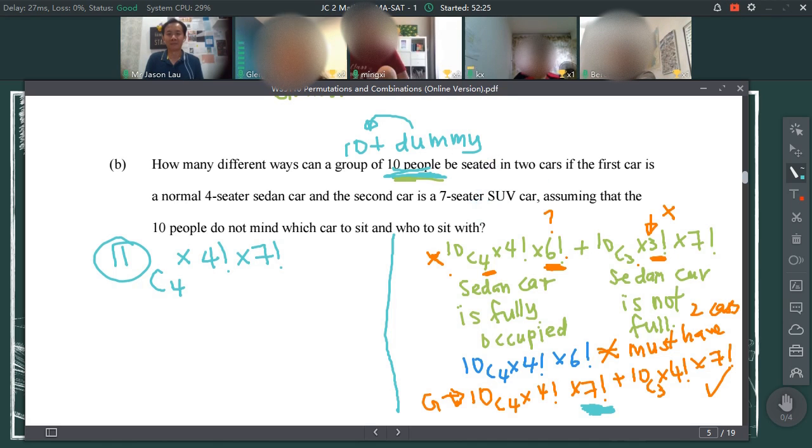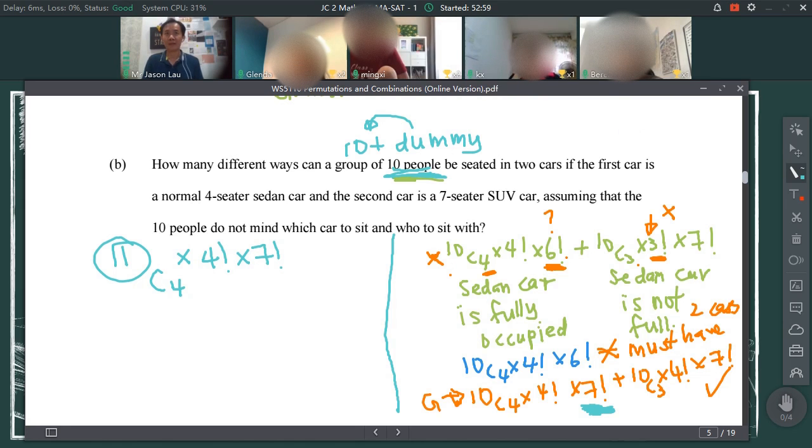Then you don't have to minus off the dummy, because you can treat the dummy as precisely a dummy. The dummy will be allocated the empty seat, like any person. It's a ghost. So you assume that the dummy is given the empty seat.